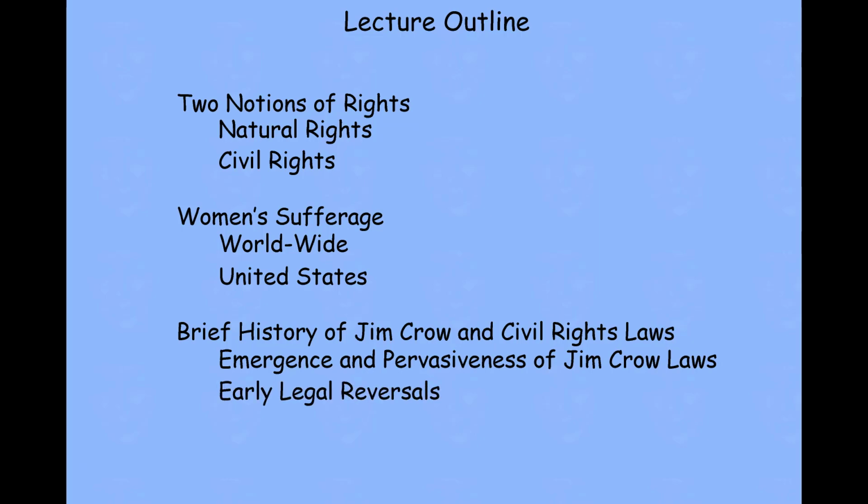We'll look at some early reversals, that is, rulings against such laws within the U.S. federal judicial system. And then finally, we'll look at laws that were passed in the late 50s and early 60s that largely managed to render such discriminatory laws illegal at the federal level.